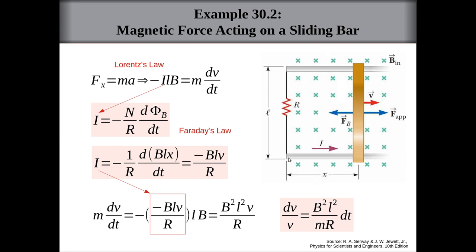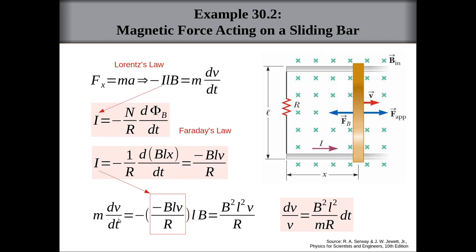So this is x, this is L, and here is the area, and if you count the flux of the magnetic field inside, you have to look at the flux inside the closed loop here. Okay, and this is the change versus time. B and L are constant, and dx/dt is giving you the velocity. Yeah, so this is the relation between the current and the velocity.